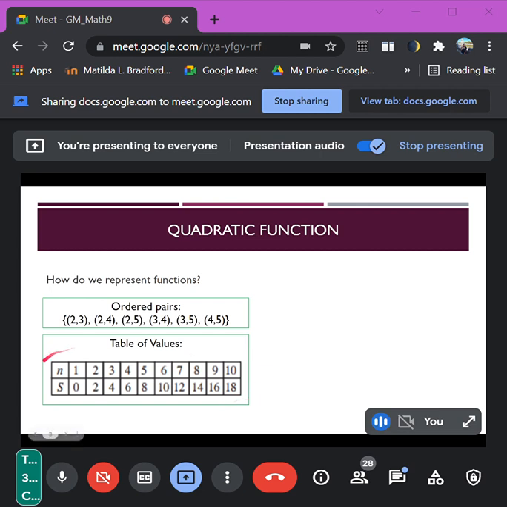So if we are going to look at this table of values, do you think this is a function? By just looking at the domain, the domain is the value of x, the one on top, and then your range is the one at the bottom. Do you think this is a function? Yes. Okay, yes. Why?